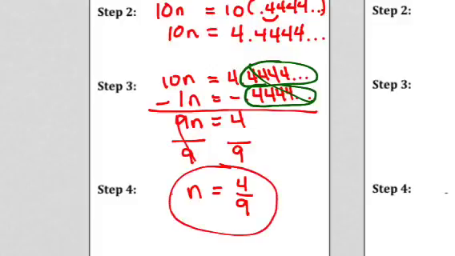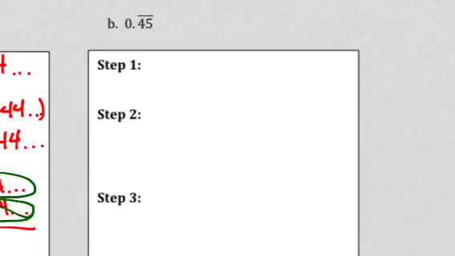All right, let's try another one. We're going to start by setting n equal to 0.45 repeating. Step 2 is to multiply by 100.